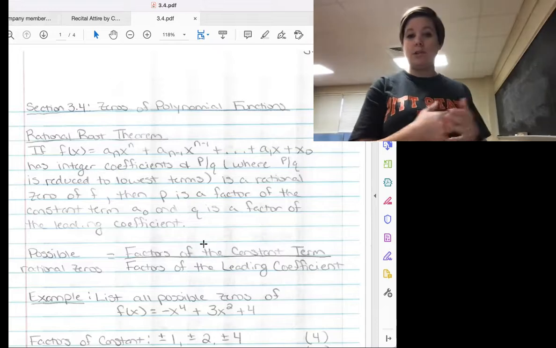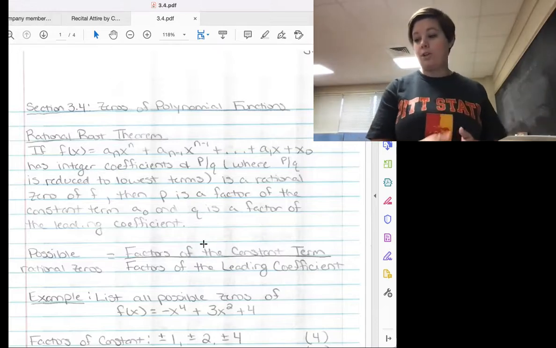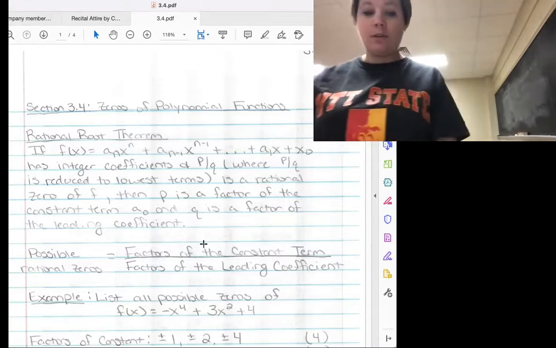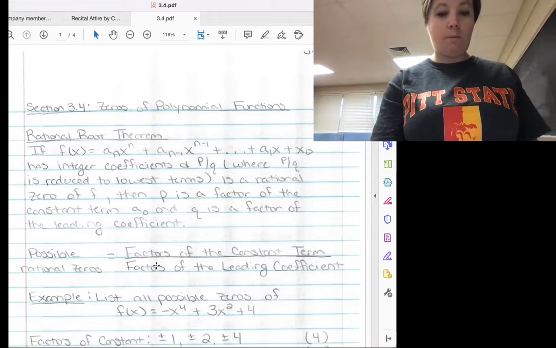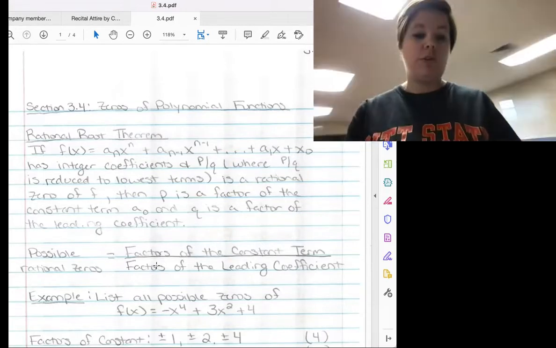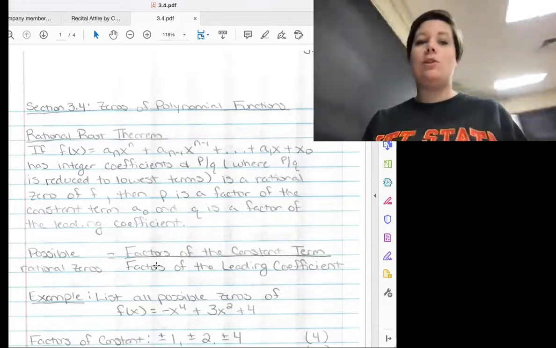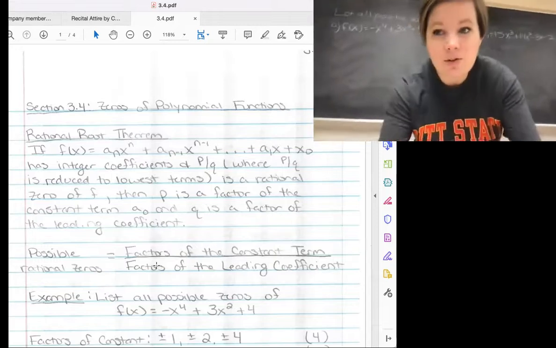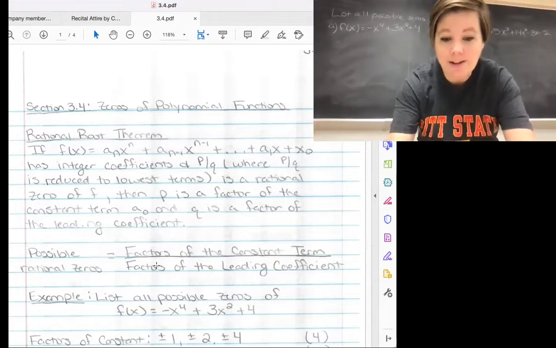And that's how we're going to utilize the rational root theorem for today. Okay, so let's go to the board and let me show you what we're talking about. Because I said this is one of those theorems that sounds horrible and then it's actually not as bad to utilize.